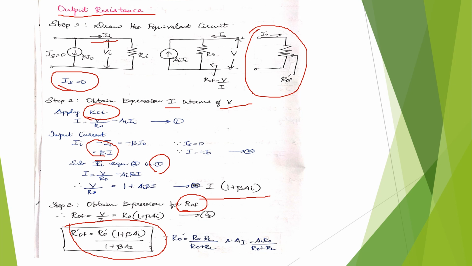So what is this Ai? Yes, it represents the open circuit current gain without feedback. This is small ai. And now what about this capital I suffix Ai? It is the current gain without feedback, taking the load resistance into account.